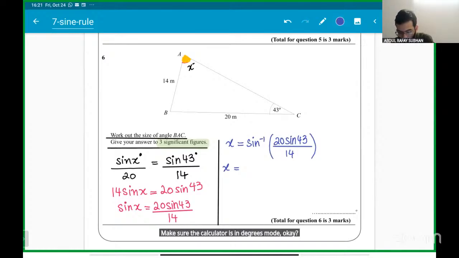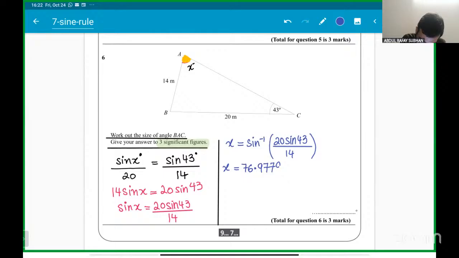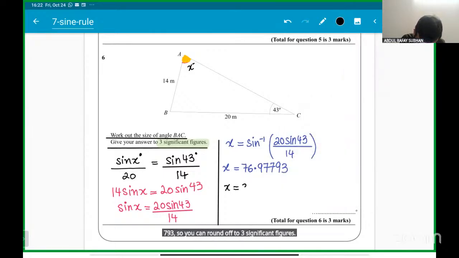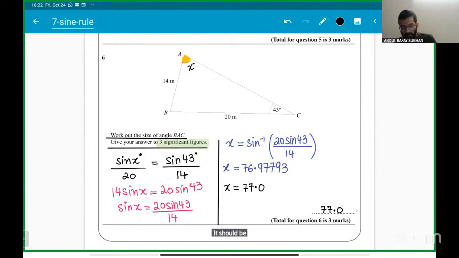The answer comes to 76.97793. Rounding off to three significant figures, it should be 77.0.